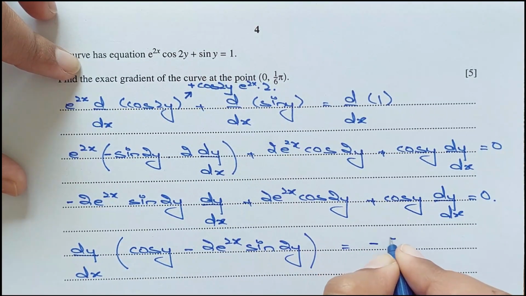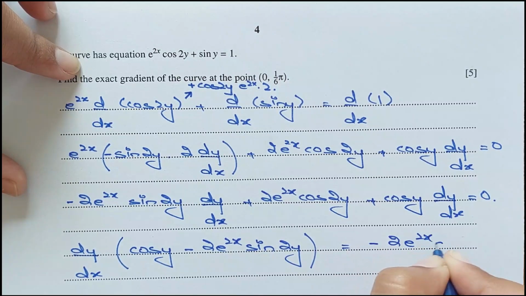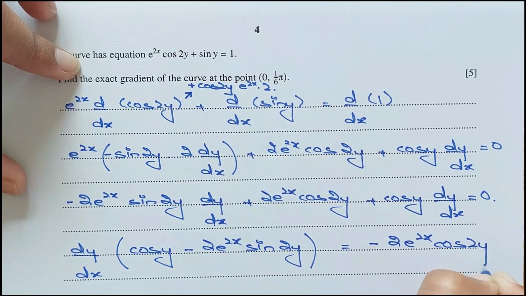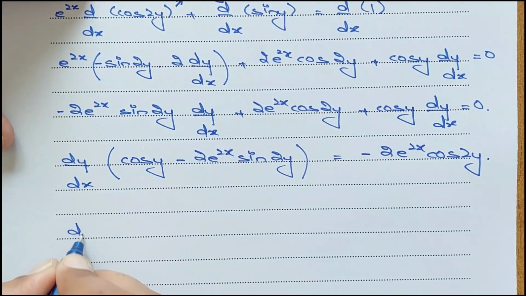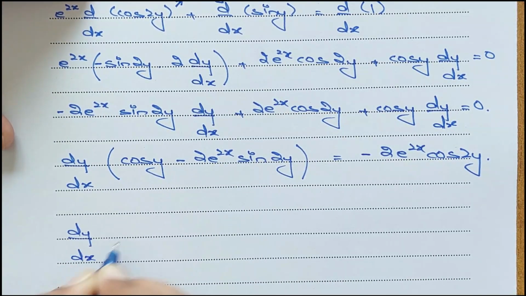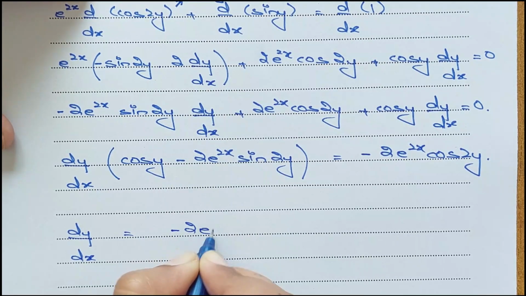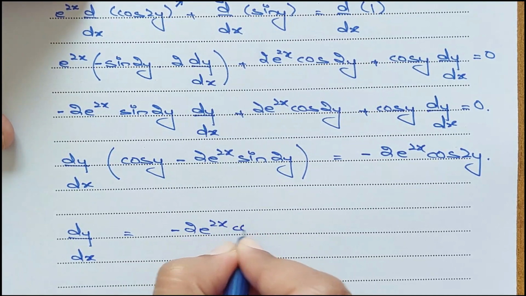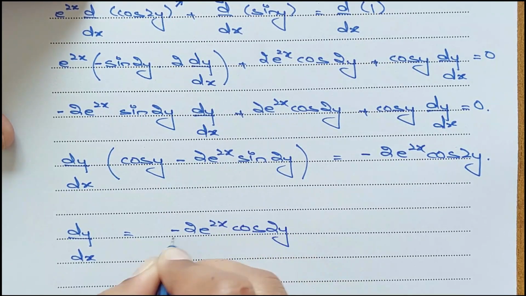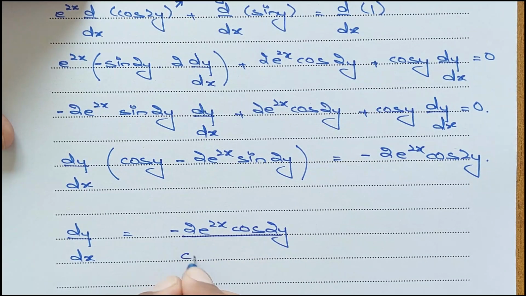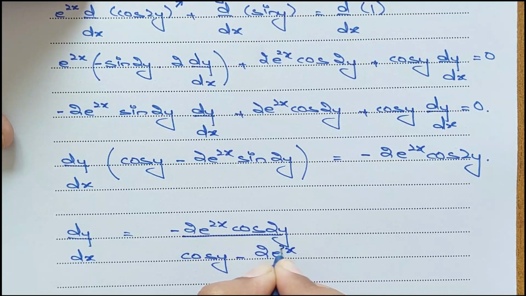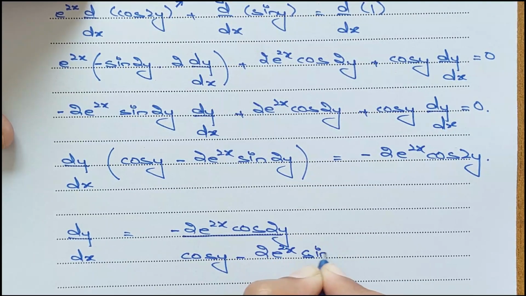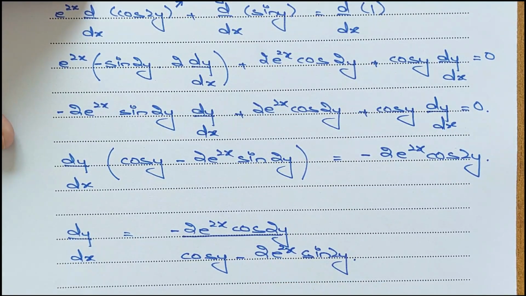This would be equal to minus 2e^(2x) cos 2y. Okay, now dy/dx would be equal to minus 2e^(2x) cos 2y divided by cos y minus 2e^(2x) sin 2y, right?